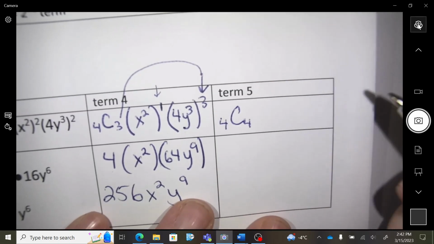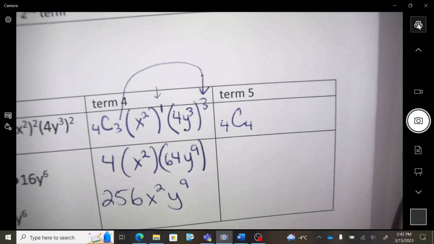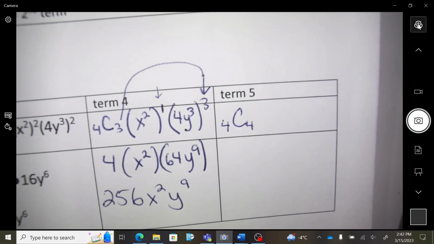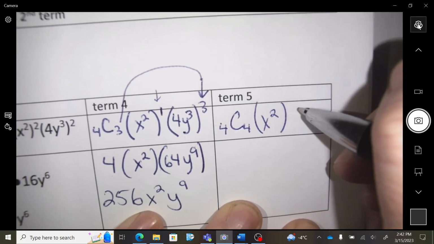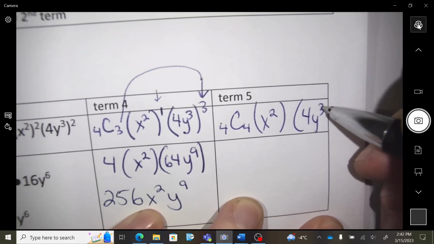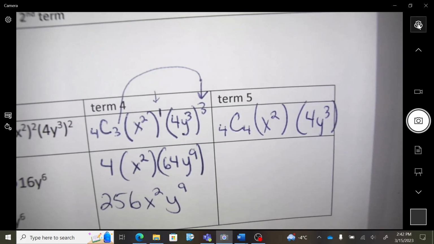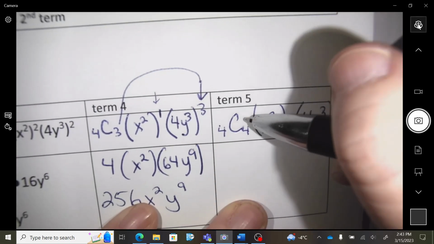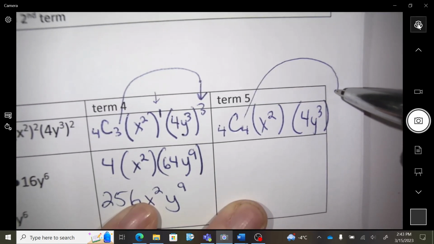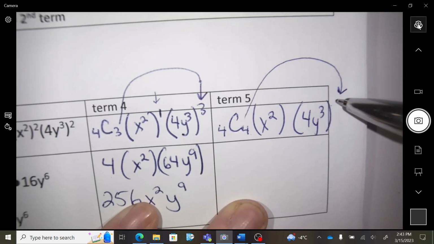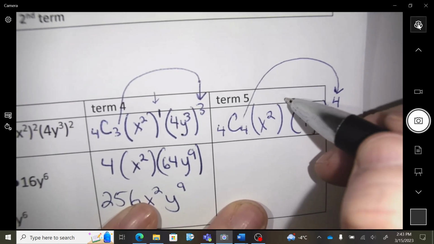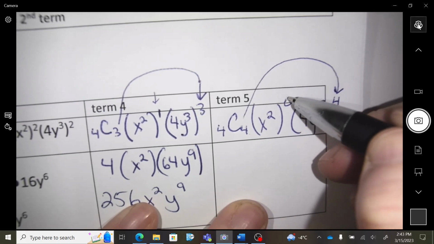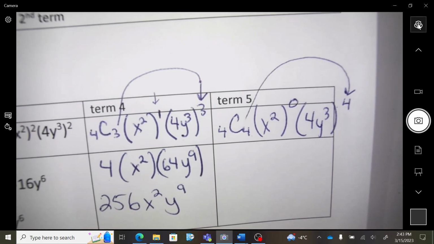Okay, so the last term, which is term 5, you would do 4 choose 4. Because if you're getting to term 5, the choose number is just 4, right? 1 less. Write x squared, write 4y cubed. Then, what did we say? This exponent has to match the choose number. And this exponent has to make it add to 4 or whatever, right?